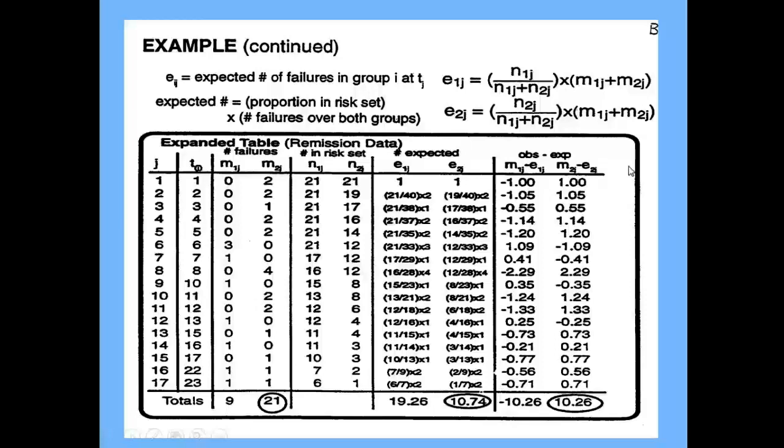Remember that whole thing when we did chi-squares way back, observed minus expected, and that's somehow going to go in. When you do observed minus expected and you have only 2 groups, it turns out the sum of the observed minus expected, even though these numbers are different, these numbers are the same. Well, actually, this is a negative, but it's still 10.2, so you're going to get the same number, other than one is going to be negative and the other is going to be positive. And that's what's used in terms of the test statistic.